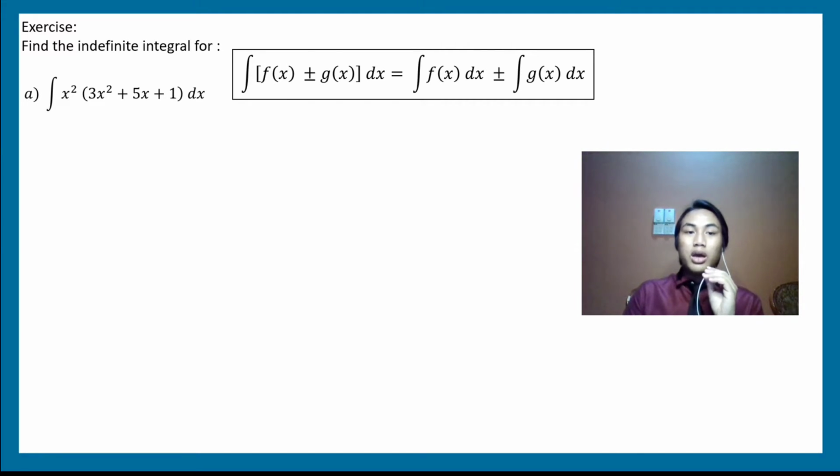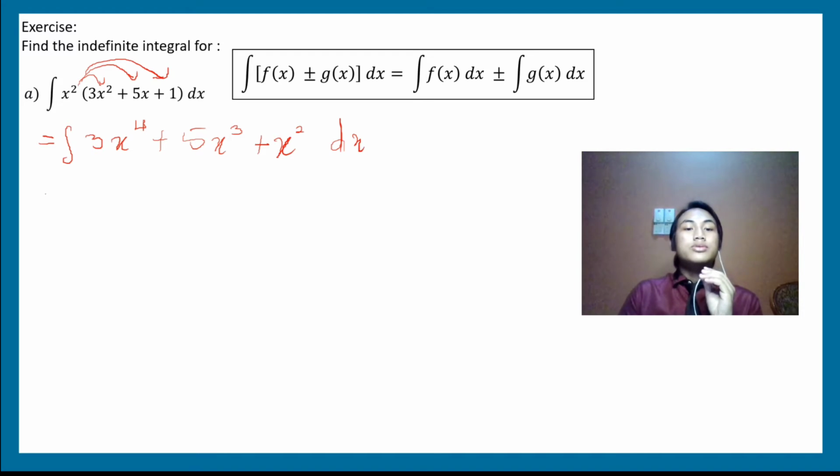It's quite hard for you to do it as it is, right? So we simplify, that is we expand. We expand: 3s to the power of 4, and then we have 5s cubed and s squared ds, right?